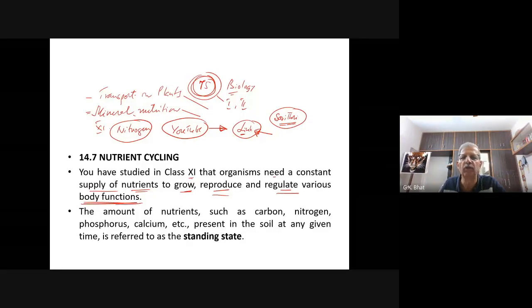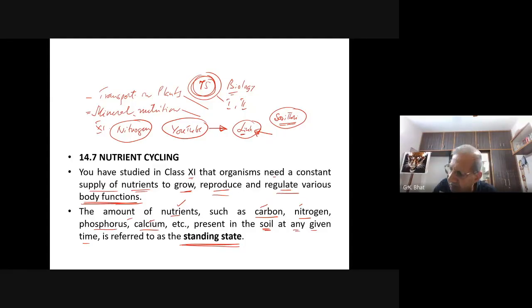The amount of nutrients such as carbon, nitrogen, phosphorus, calcium, etc., present in the soil at any given time is referred to as the standing state.